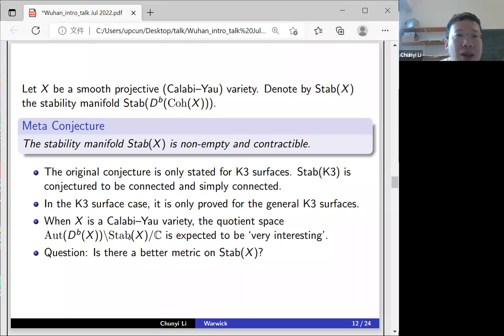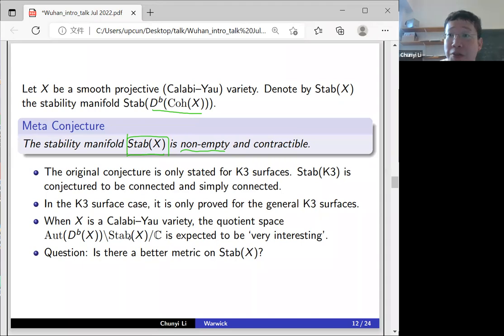Given D^b coherent of X, we denote the whole stability manifold by Stab X. The meta conjecture, maybe a little too ambitious, is that it is non-empty and contractible. It's ambitious in the sense that there are just no counterexamples to this conjecture, but people are not actually hoping to prove such a strong thing.